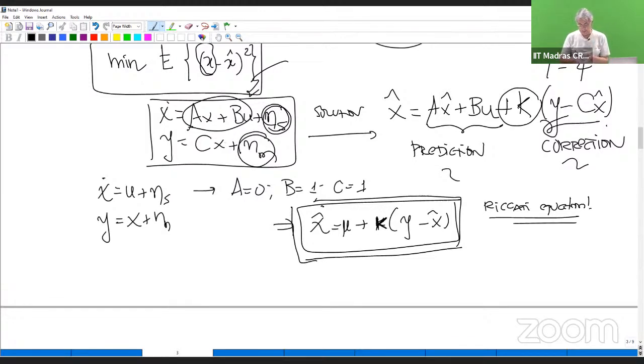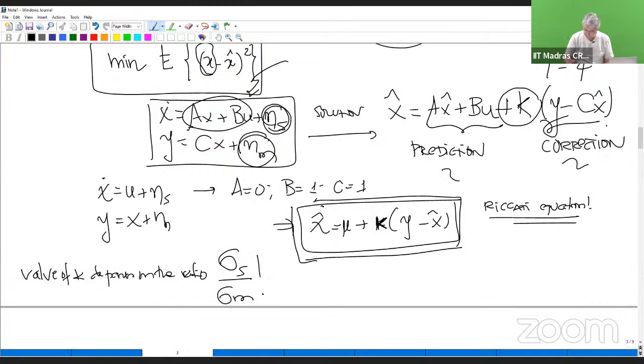What I'm going to tell you applies to the very specific example of a scalar, but then you can extrapolate it to far more complex systems, and whatever comes out of it is quite beautiful. In this particular case, the value of K depends on the ratio over sigma m. It only depends on this ratio, okay?